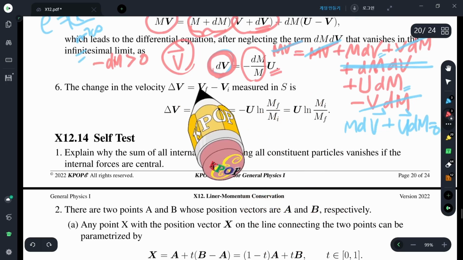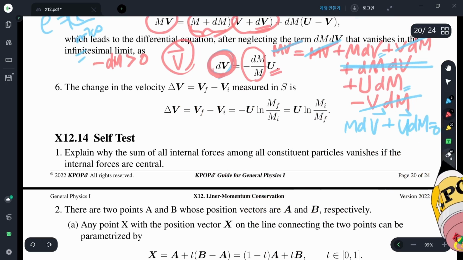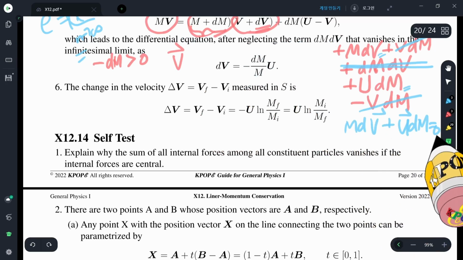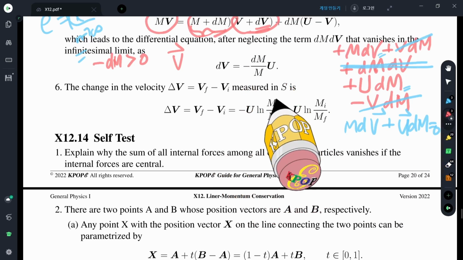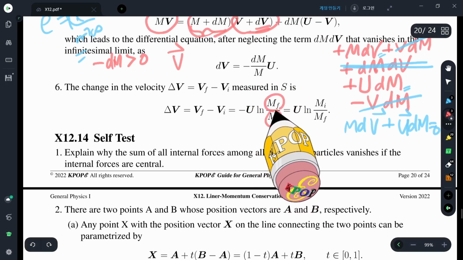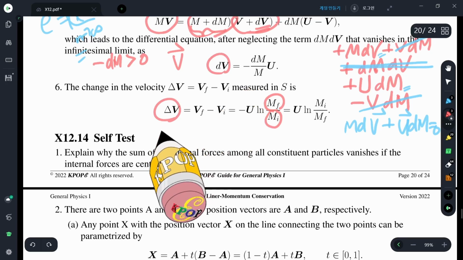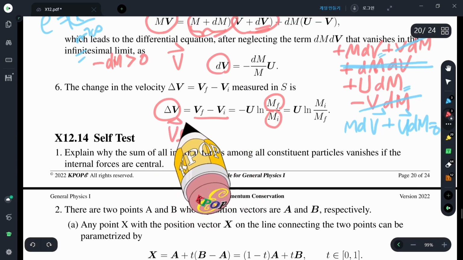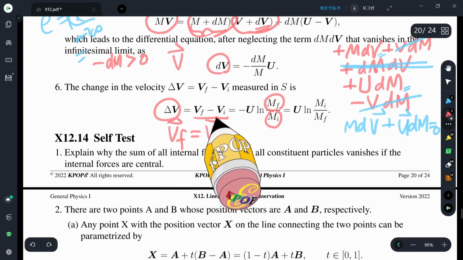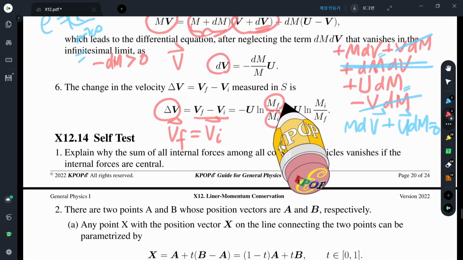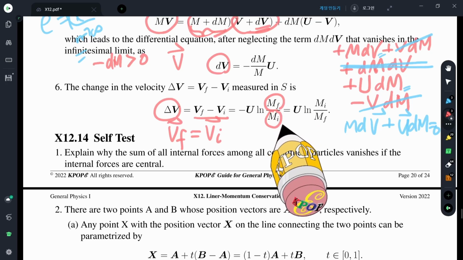If we carry out the integration, it is trivial. This is a log integral. So the final value and initial value. The left hand side is just the change in velocity. So the final velocity of the rocket is the initial velocity of the rocket plus, the final mass is always smaller than the initial mass.